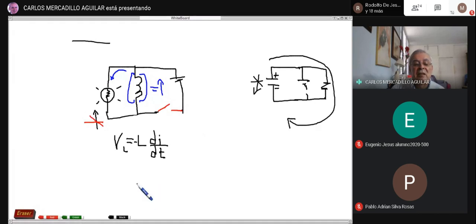So that is this formula. How to obtain this? This is BL. Voy a poner así. This is BL here. The voltage across the inductor is in the opposite direction.